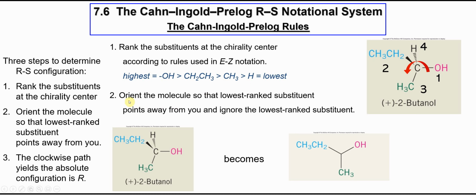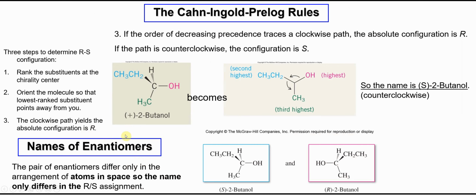Second step, again, you rearrange your molecule by orienting it so the lowest ranked substituent points away from you, and then you ignore it. Again, for this hydrogen, you put it in the back, away from you. Then you start the third step.